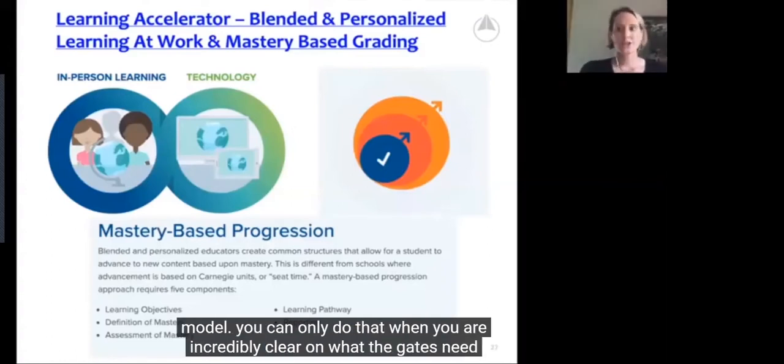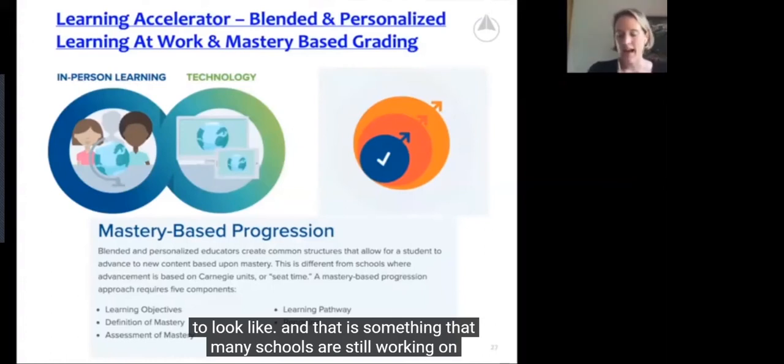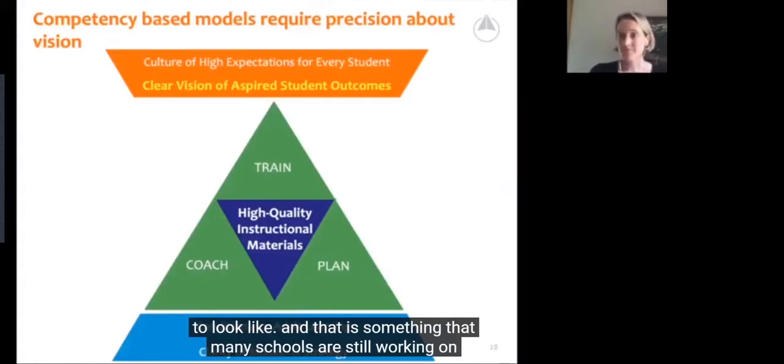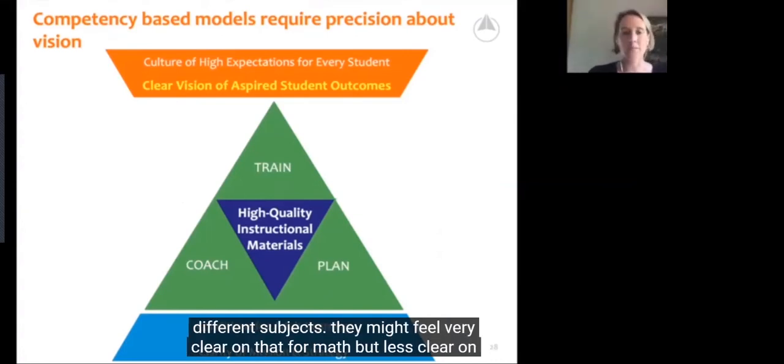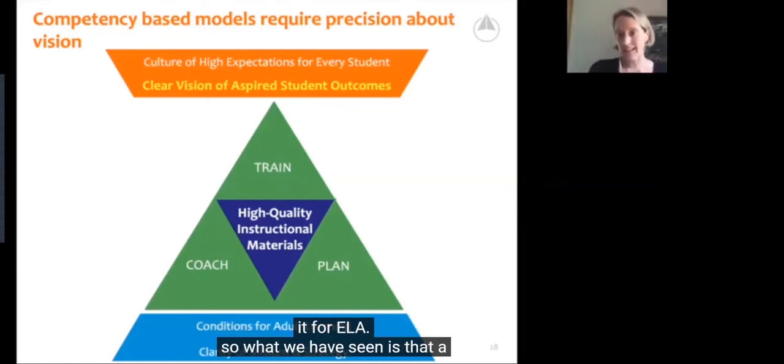You can only do that when you are incredibly clear on what the gates need to look like. And that is something that many schools are still working on getting clear around, or are finding that they need to treat differently for different subjects. They might feel very clear on that for math, but less clear on it for ELA.